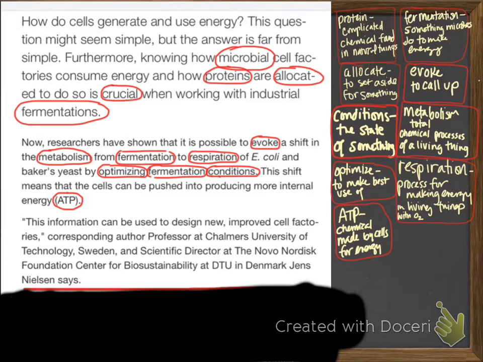Okay, that doesn't seem so crazy. This shift means cells can be pushed into producing more internal energy, or ATP. Okay, this information can be used to design new and improved cell factories, corresponding author, professor at Chalmers University, Jens Nielsen says.